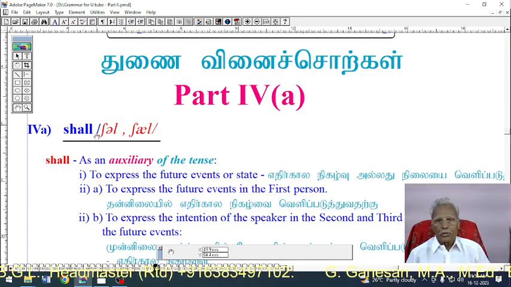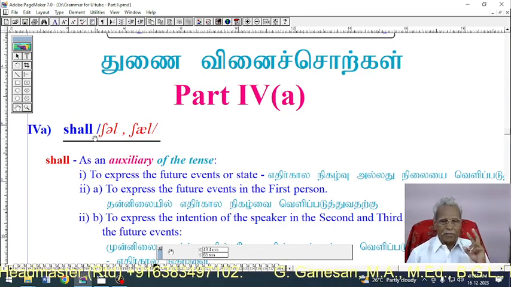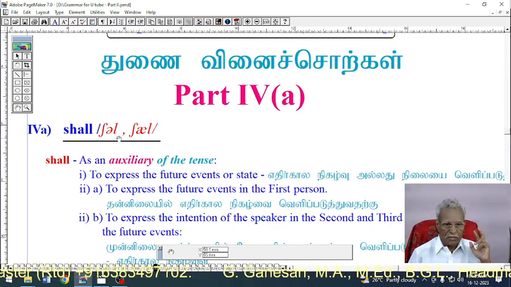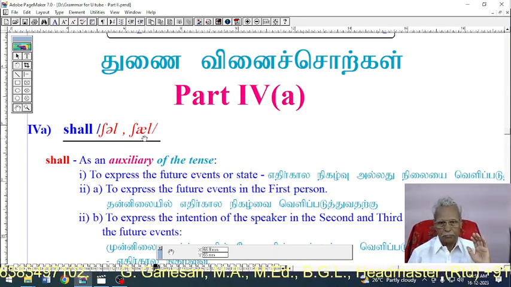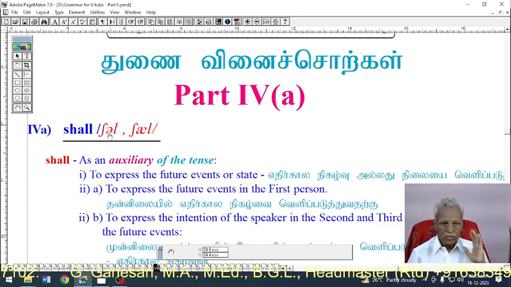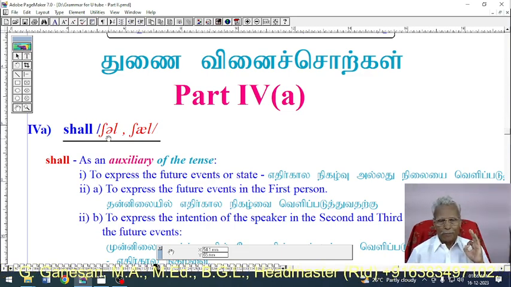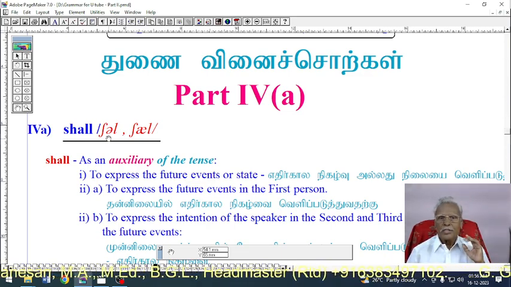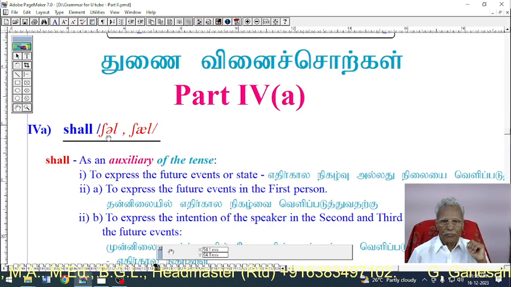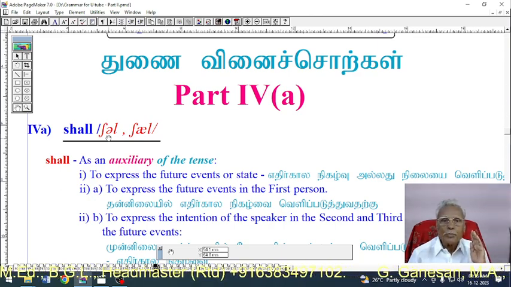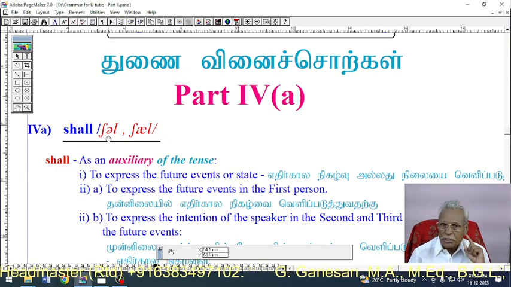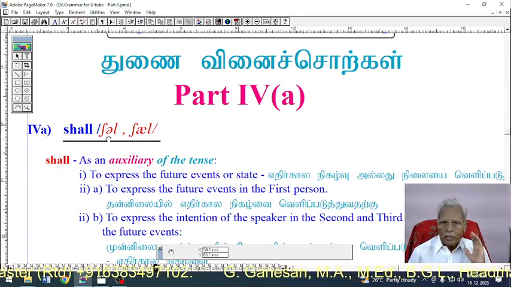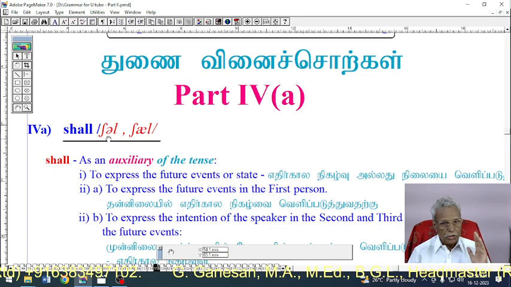Shall has 2 kinds of pronunciation. One is the weak form, shall, and the other is the strong form, shall. When shall is used in the first person, it should be pronounced as the weak form. In the first person it represents ordinary future events.